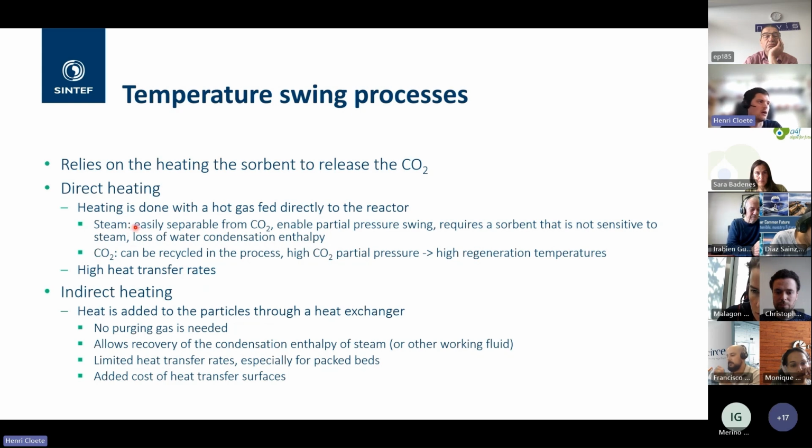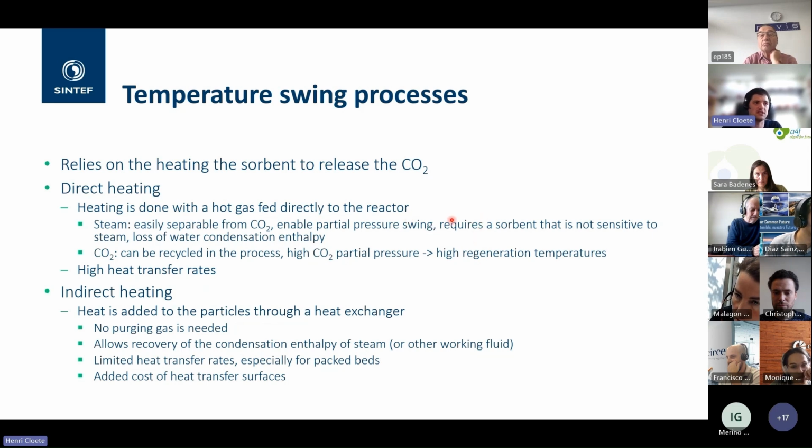So the obvious choice is steam, because you can easily separate out the steam afterwards by condensing the water. That also helps by giving a partial pressure swing for your CO2. So by reducing the partial pressure of CO2, you shift the equilibrium to releasing more CO2 as well.